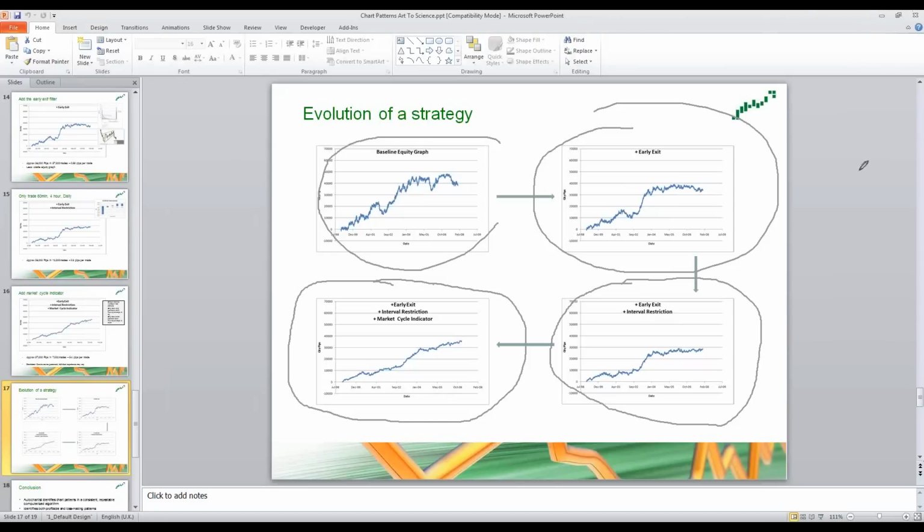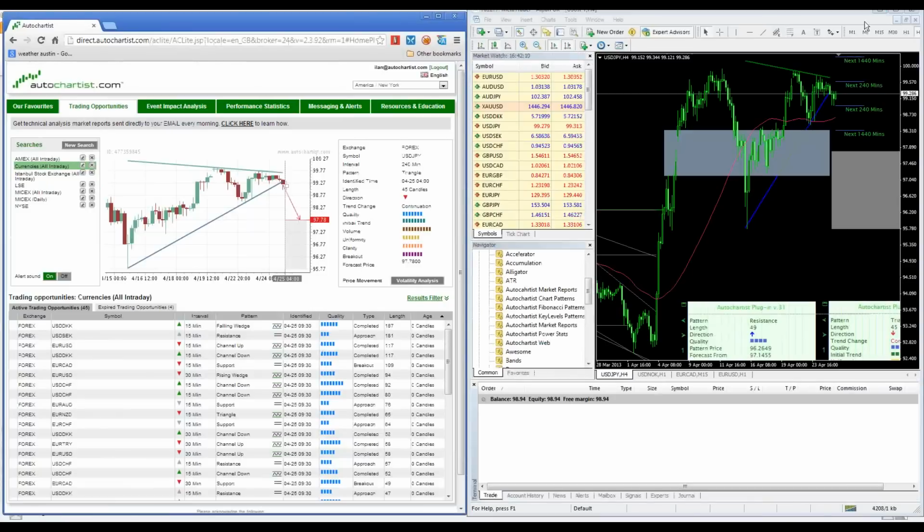So let me close that screen down and get back to my trading screen, my Autochartist application. So now what you can see here in front of me is the Autochartist web application and a Metatrader application.